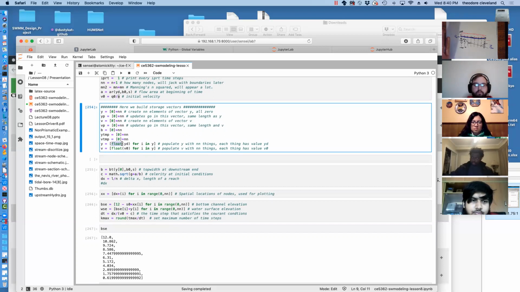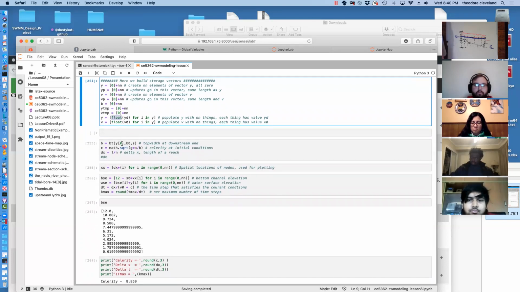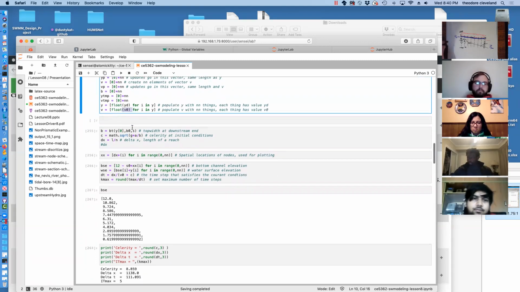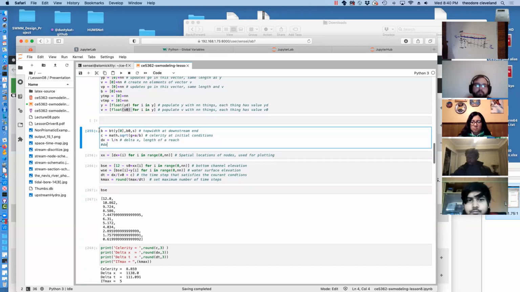You don't always have to force floats, but we're doing some division and multiplication later on, and it's in our best interest that the computer thinks that they're all floating point values. And here we're doing the same thing for the velocity. Okay, the next block is pretty straightforward.